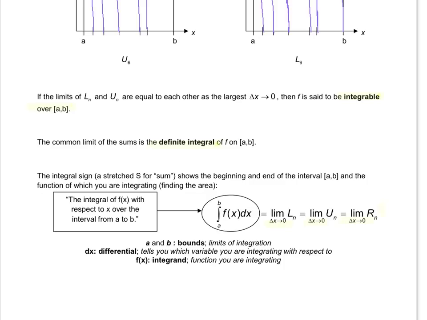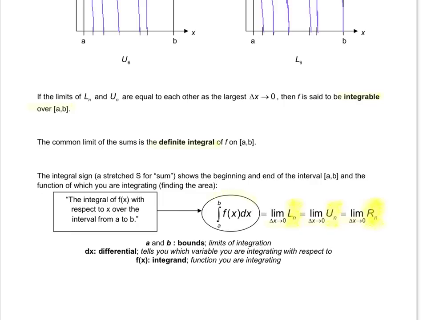Okay, so regardless of what kind of Riemann sum we use, whether it's a lower, using all the low y values, whether it's an upper, using all the upper y values, or just any Riemann sum like we did at the very beginning of this lesson, picking a random x coordinate and choosing that y value, as you make more and more rectangles and the widths all go to 0, those limits will all equal one another.